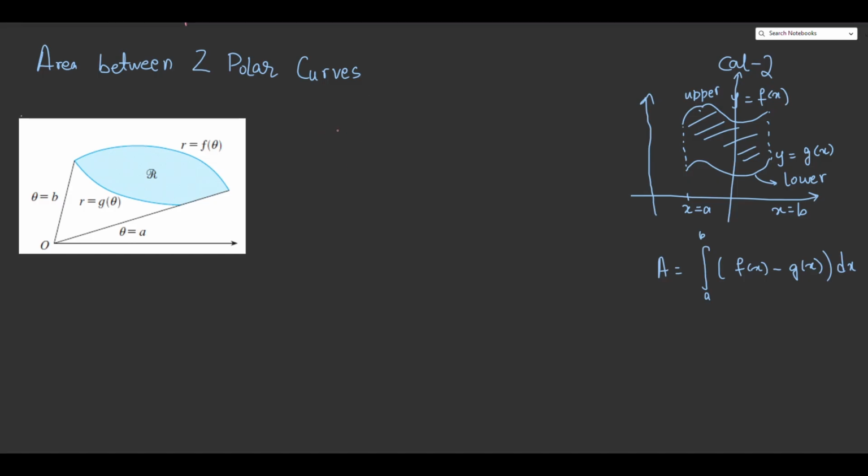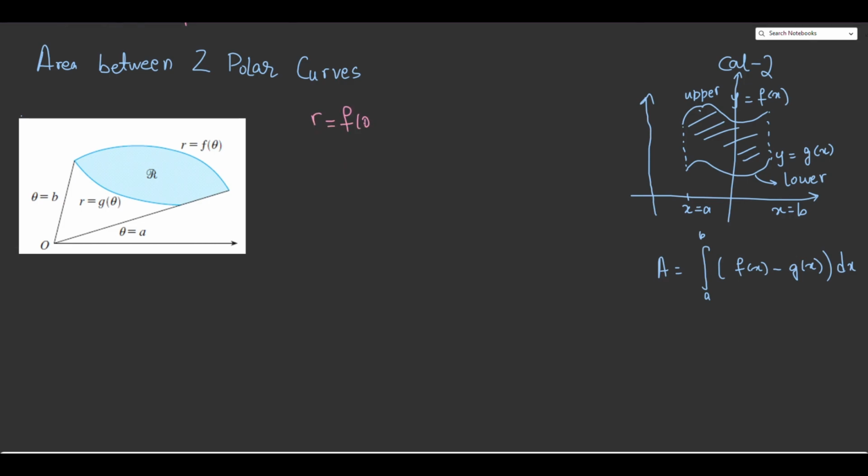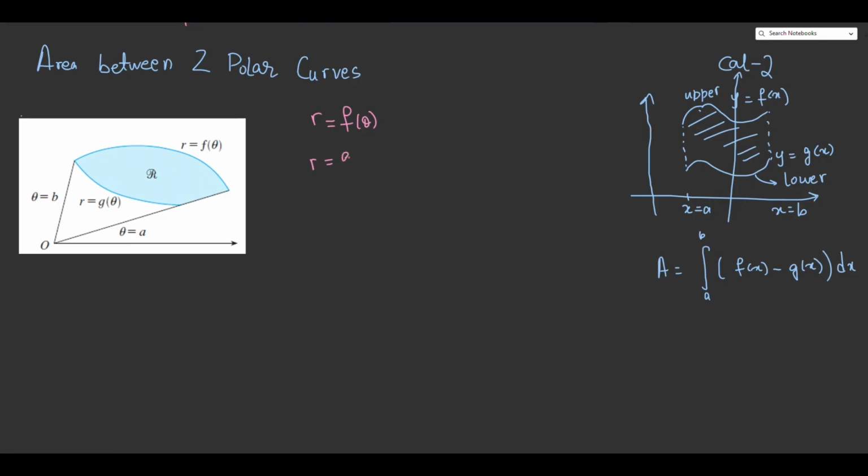In this case we have two curves, r equals f of theta, and the second curve is r equals g of theta, and theta varies from a to b.